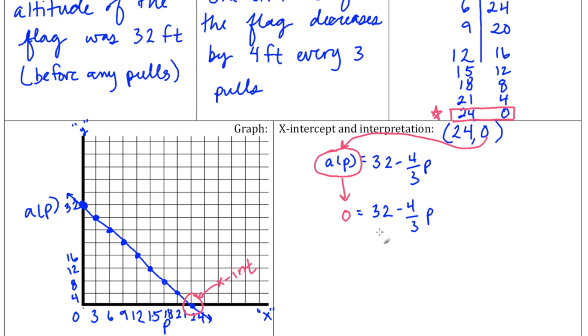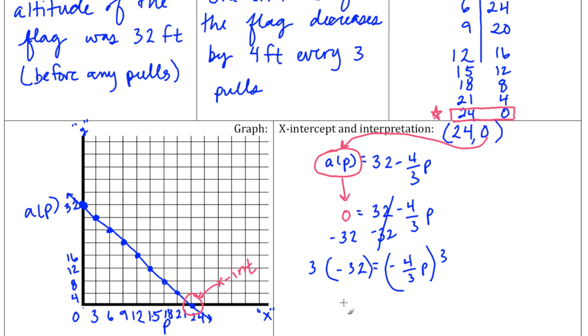So I'm going to subtract this 32. I get negative 32 equals negative 4 over 3p. And then I'm going to multiply both sides of the equal sign by 3.